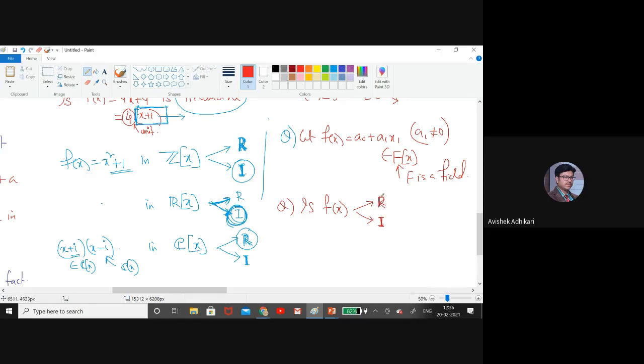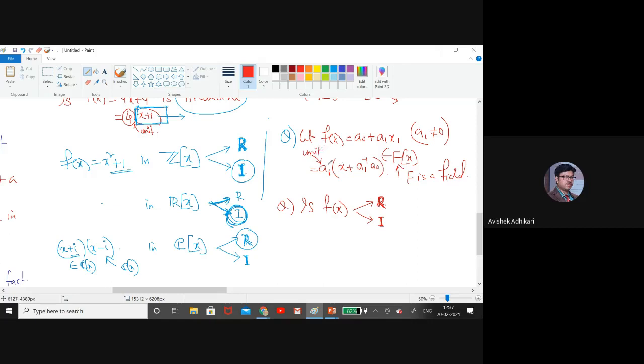Can you further break it? You can break it at most like this: a1 into x plus a1 inverse a0, right? At most that you can do. But this a1 is non-zero, so this is a unit.